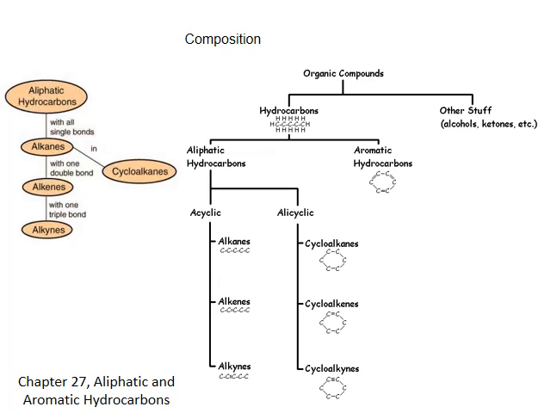The alicyclics are composed of ring structures that are generally saturated. Okay, so no or few double bonds. And the aromatic hydrocarbons are those which are ring structures, planar rings, that contain unsaturated bonds, multiple carbon-carbon double bonds, like we see in the structure of benzene.